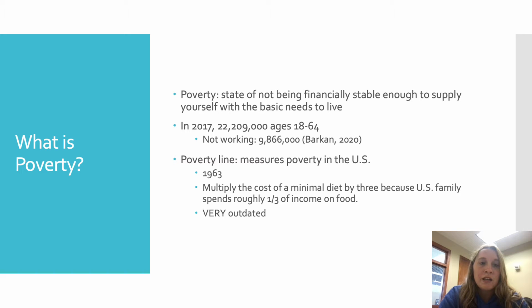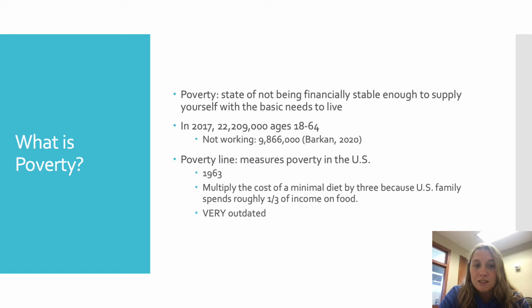The poverty line determines who is in poverty in the United States. This line or method was created in 1963. You take the cost of a minimal diet in the US, multiply that by 3. They decided to do that because the US family spends about 1/3 of their income on food.